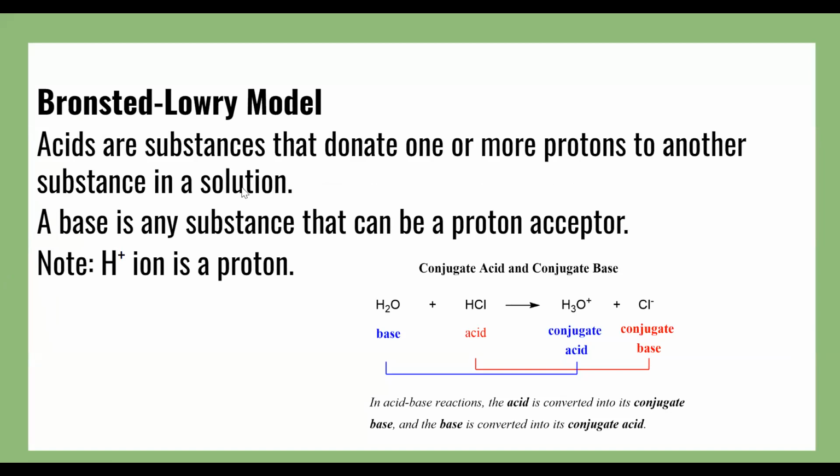Another model is the Bronsted-Lowry model. It says acids are substances that donate one or more protons to another substance in a solution. A base is any substance that can be a proton acceptor. Note, hydrogen ion is a proton. So if you look at this equation, here, hydrochloric acid donates the proton and water accepts the proton.